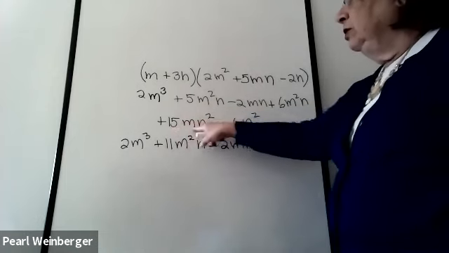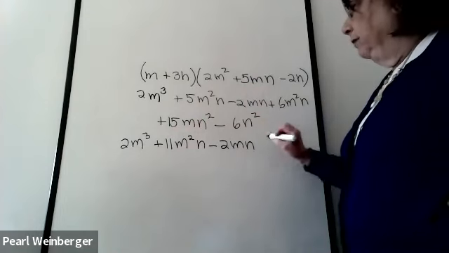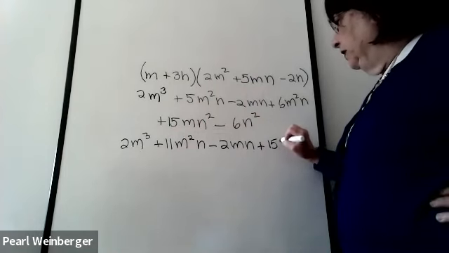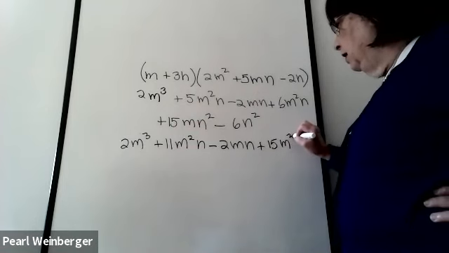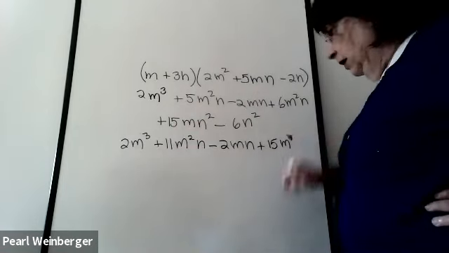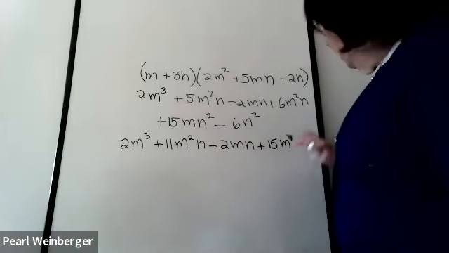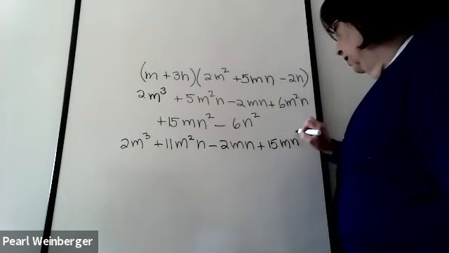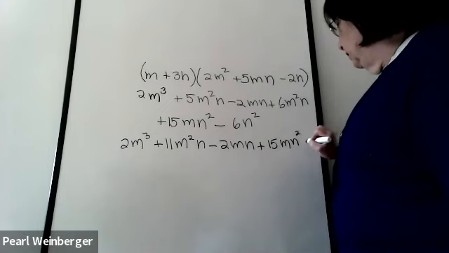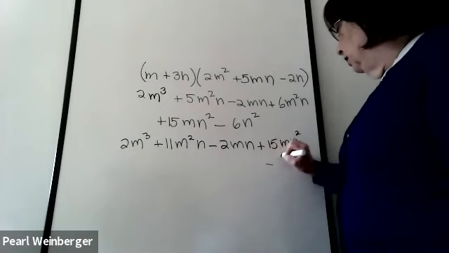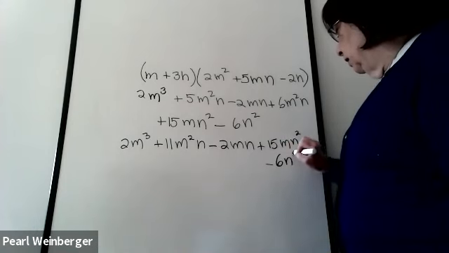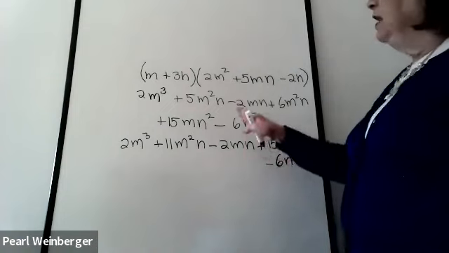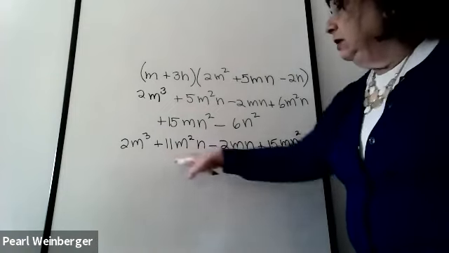There's no other term that's like the 15m squared n, so I bring that down, 15m squared n, 15mn squared, and finally minus 6n squared. There weren't as many like terms as we would have liked, but that's all there was. And here is my answer.